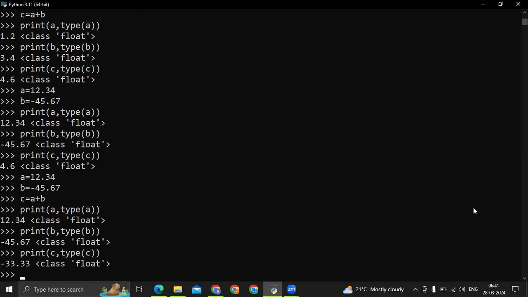The float data type does not support binary, octal, and hexadecimal number systems. By default, it only supports the decimal number system.